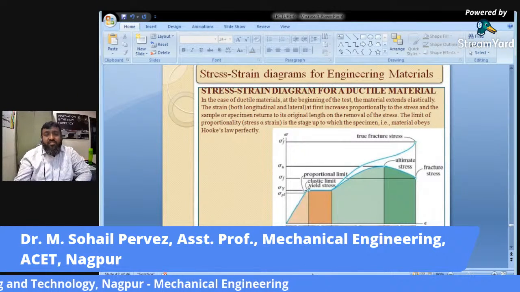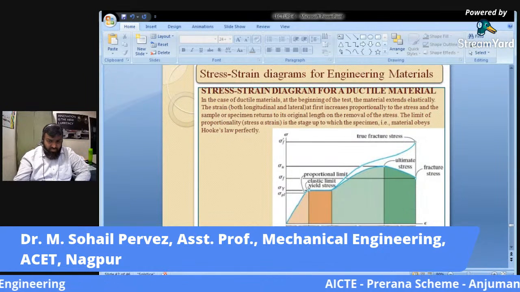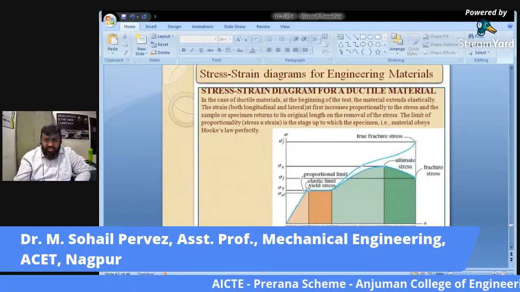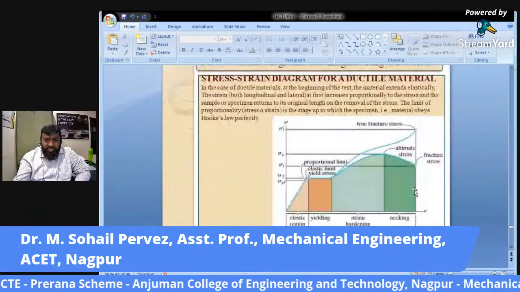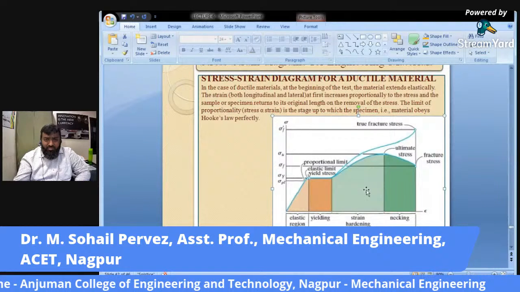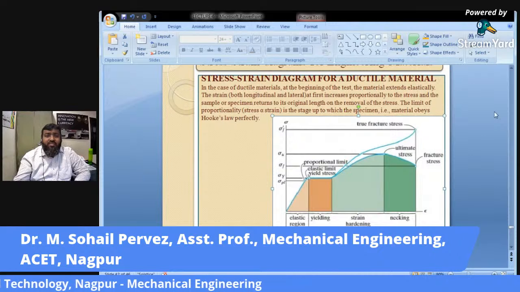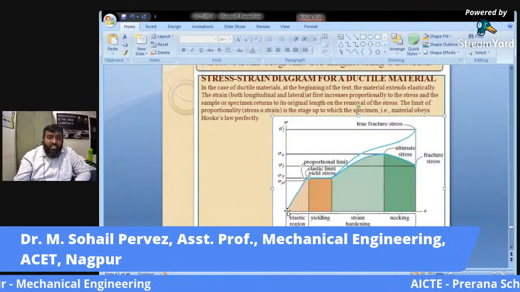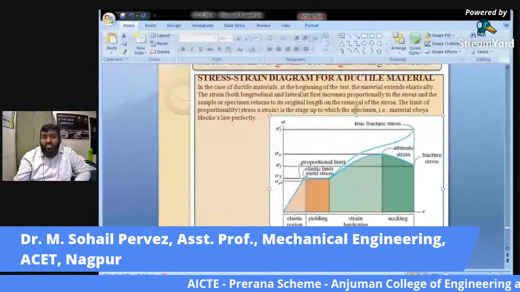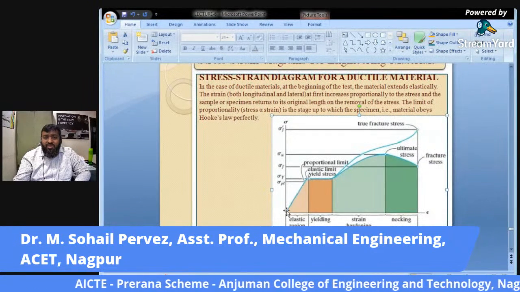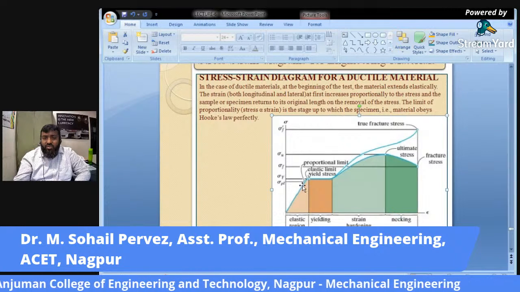Just consider, for the sake of understanding, I have represented this graph with its regions, so that the aim of this particular lecture would be met. The graph itself shows the elastic behavior. When load is applied and increases, stress will increase obviously, so the deformation will also increase.